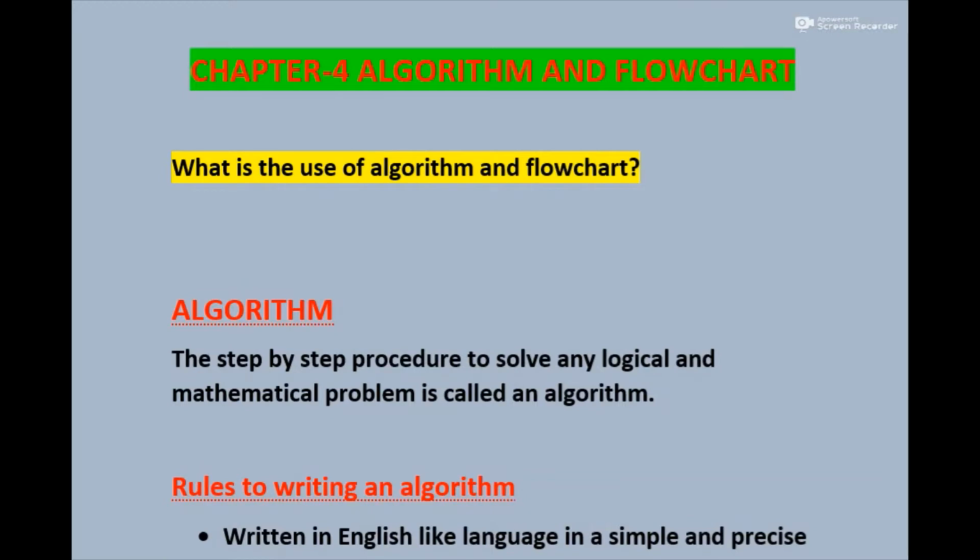algorithm and flowchart? Okay, so students, every day you perform various activities such as buying stationery, packing the school bag, polishing the shoes, doing homework, etc. Do you think all these activities involve a series of steps in a sequential order to get the desired output?